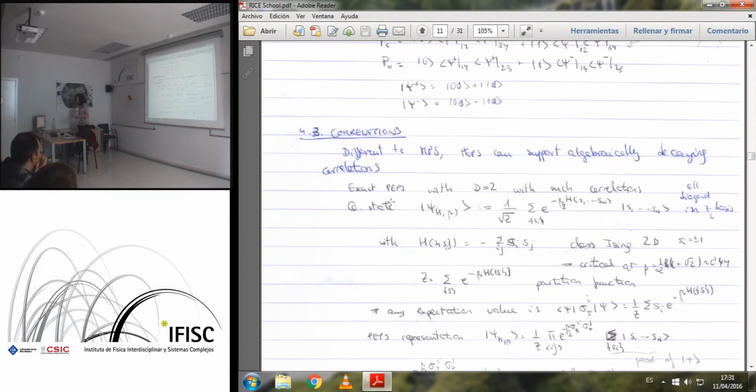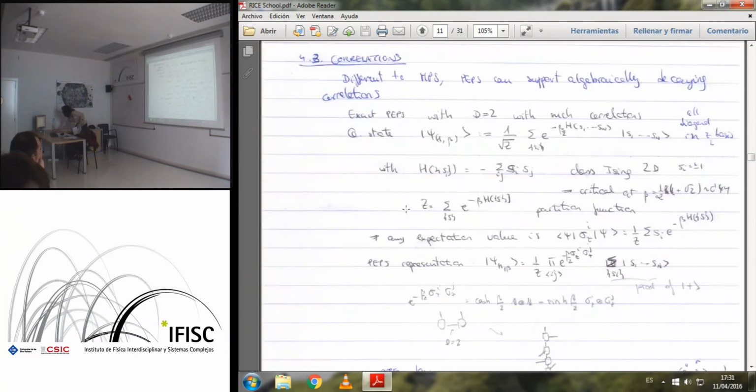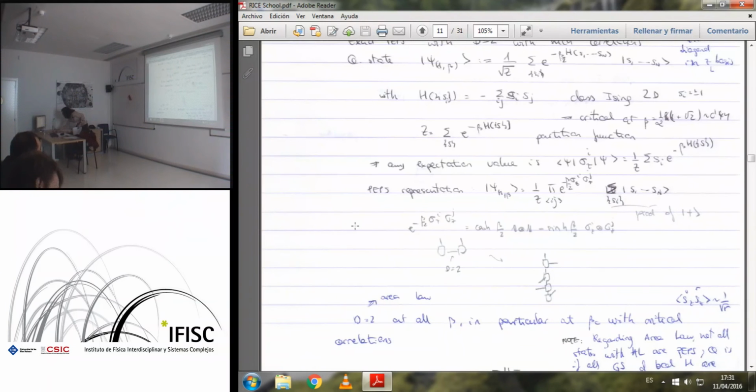And now the only thing you need to see is that this state is actually a PEPS, with a very small bond dimension. To see this is very similar to what I just told you before. You write this coefficient of the partition function as sigma z operators acting on the computational basis, because S is just the eigenvalue of sigma z.